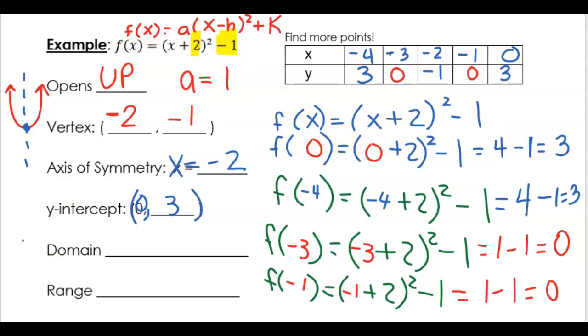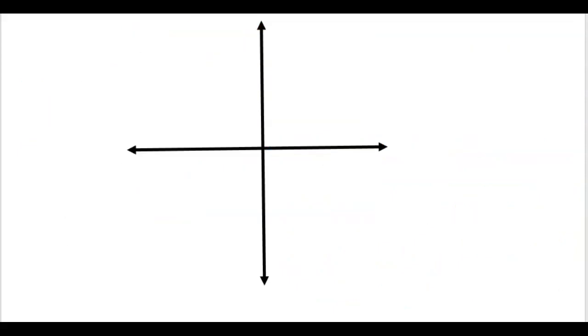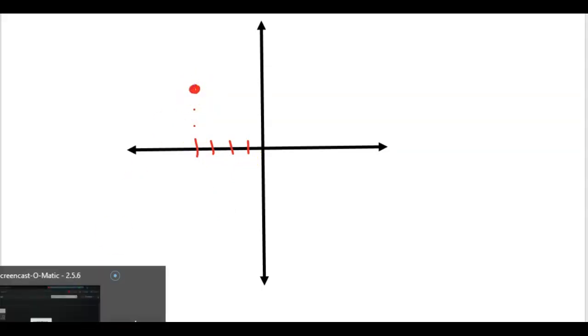Then, on your paper, make an XY axis. And what was the first point on the table? -4 and what? 1, 2, 3, 4. 1, 2, 3. You're just going to make a sketch as accurately as you can.